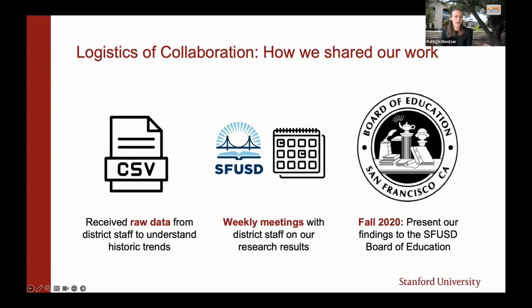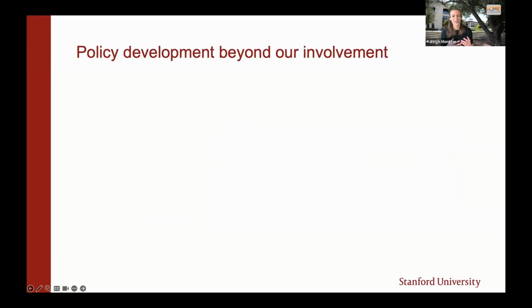And then in the fall of 2020, we were able to present our work to the SFUSD Board of Education to give them an idea of what our findings were, basically what I just showed you, and what the trade-offs are that we have to face in this process. And once we did that, the policy continued to develop a little bit less with our expertise.